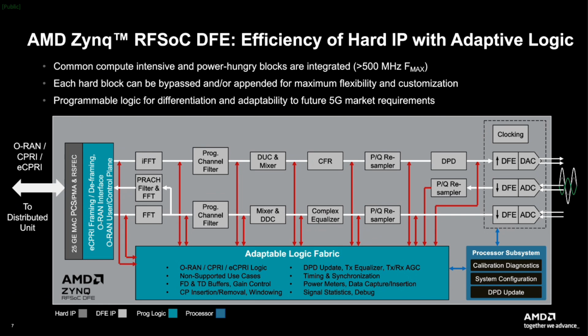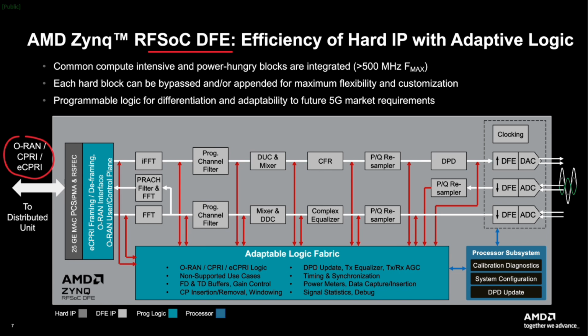Now, I just wanted to give a picture of how the Zynq UltraScale+ RFSoC and also the Versal RF get put together. This is an example of the DFE, so it is the radio unit. In that application, through the GTYs, the 25 gig interface, we would have an ORAN, CPRI or eCPRI interface that would come from, for example, a distributed unit.